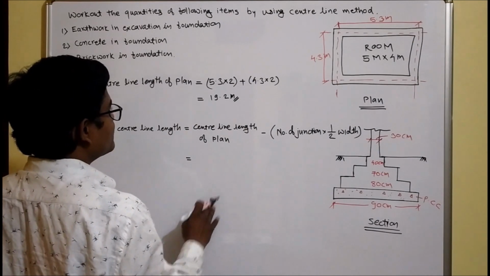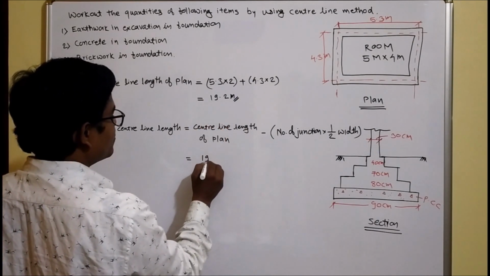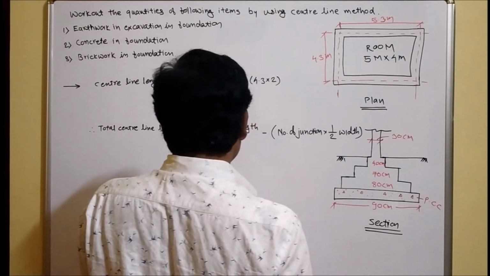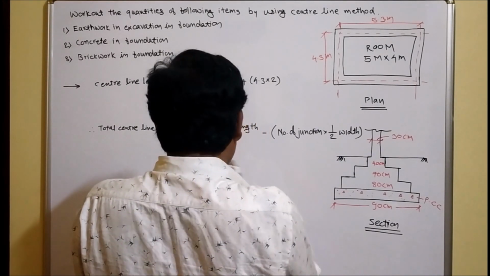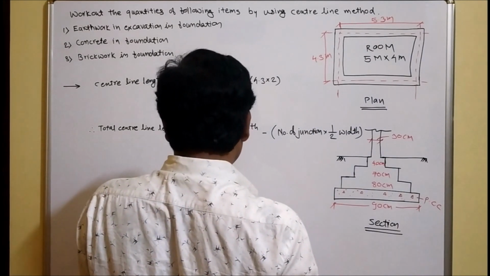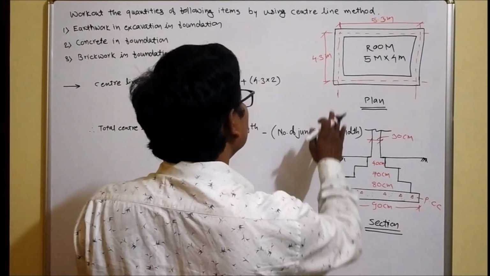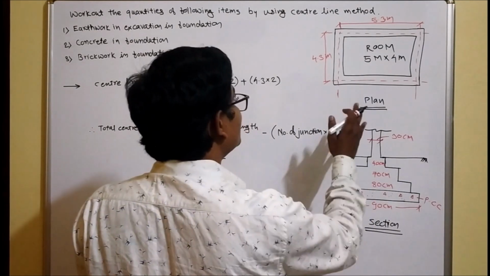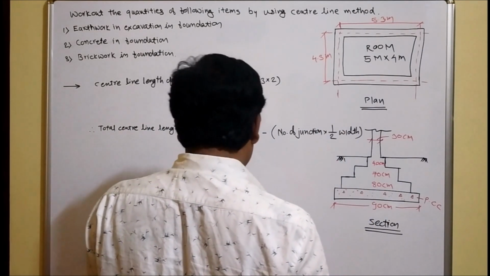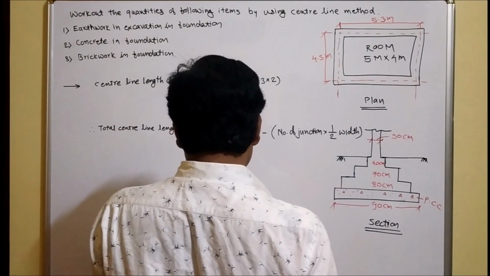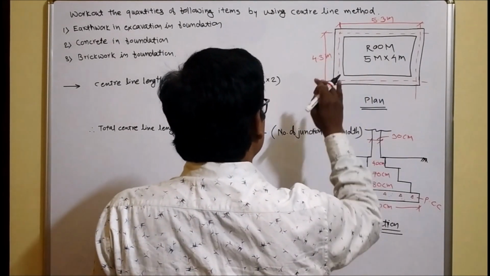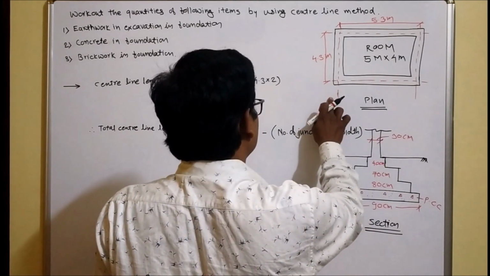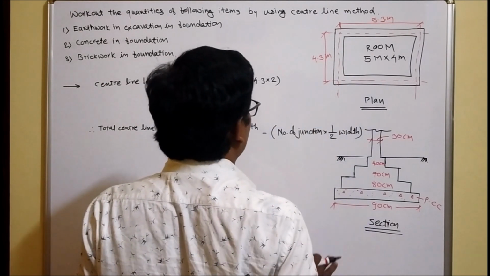In the center line method, we have to take care that when there is partition wall or cross walls are present, in that case we have to deduct the junction points or common points. But in this case, it may be noted that at the corners of building where two walls meet, at that point there is no subtraction or addition required.